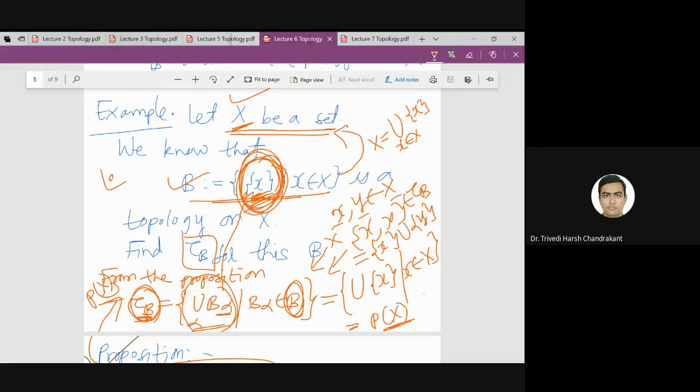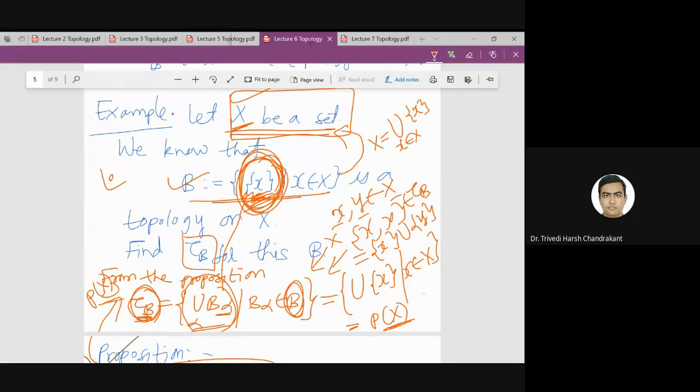So in this example we have noted that if I take X to be any arbitrary set, yes, any doubt? If there are more than two elements, then how do we express it in singletons? There may be three elements, n elements.